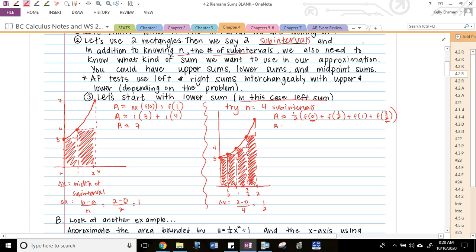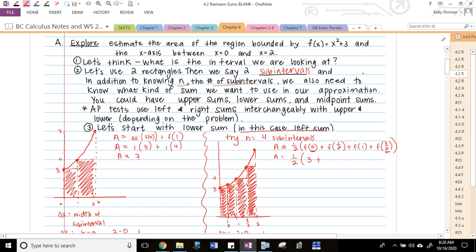All right, so what is this equal to? This is 1/2 times, we said f of 0 was 3. We haven't found f of 1/2 yet. Let's see. It's 1/2 squared, so 1/4 plus 3, so 3 1/4, or 13/4. f of 1 was 4. f of 3/2 is 9/4 plus 2 plus 3, so 9/4 plus 12/4 is 21/4.